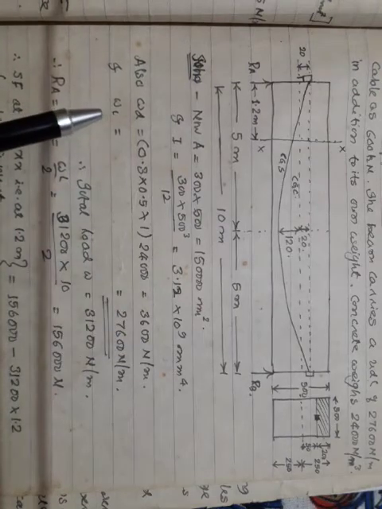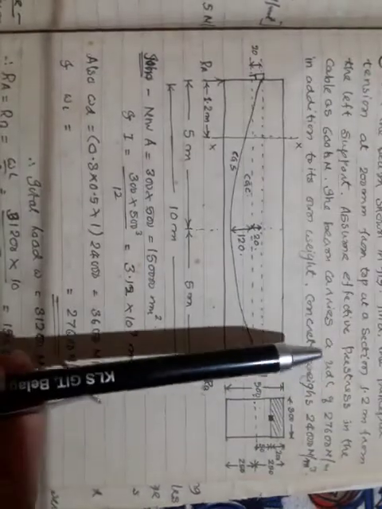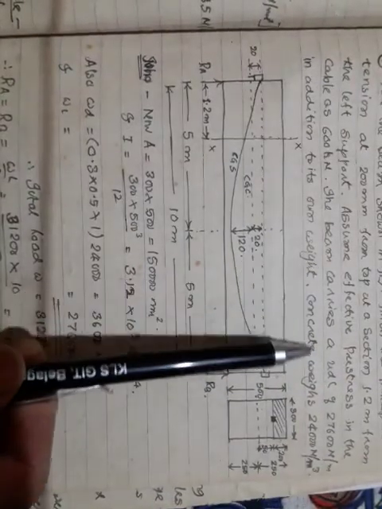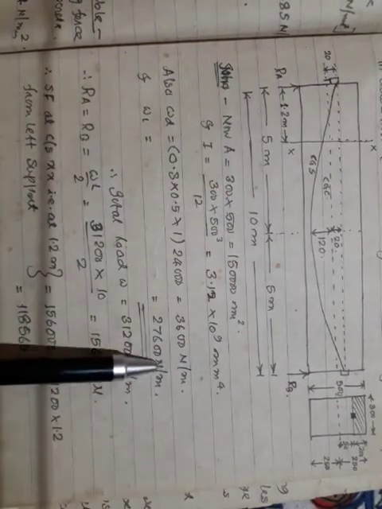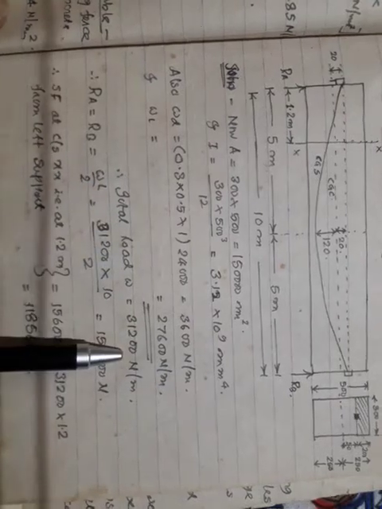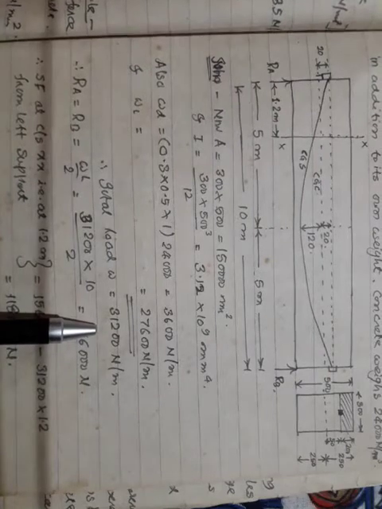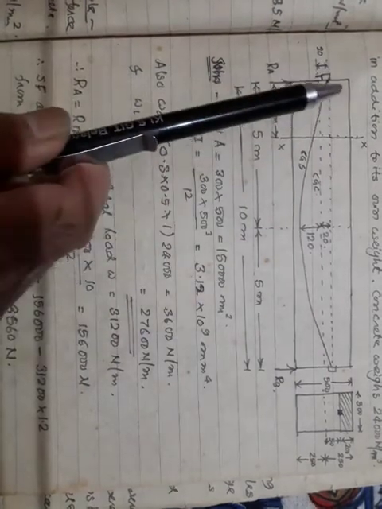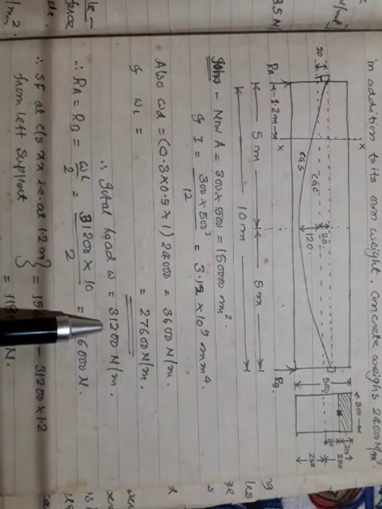Also, he has given the live load. He says the beam carries a UDL of 27600 Newton per meter. So the live load is 27600. If I add these two, I will get the total load W. This is the UDL acting on the beam, including the self weight.